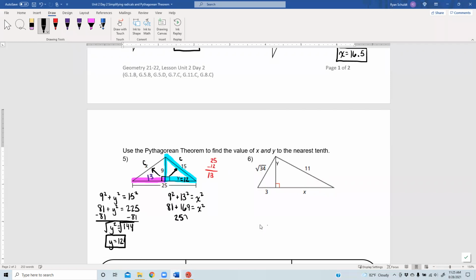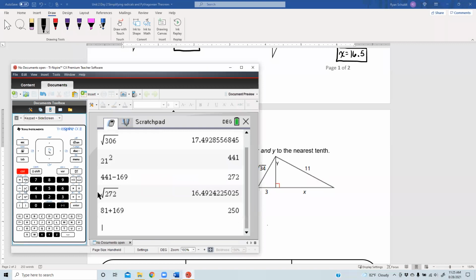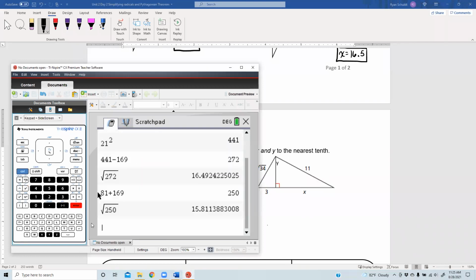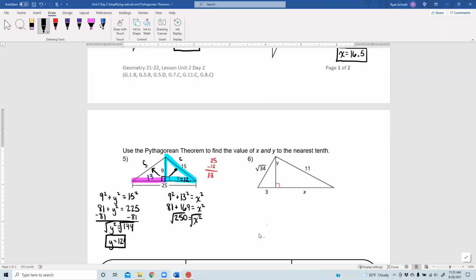So 250 equals x squared. Square root that. 15.8. So 15.8 is my x. See, I told you it wasn't going to be 15. It's larger than 15. It's 15.8. You're like, well, 15's close. Close enough.